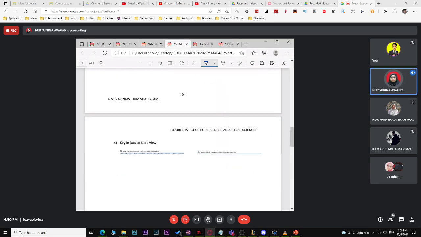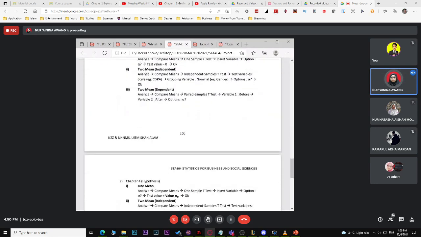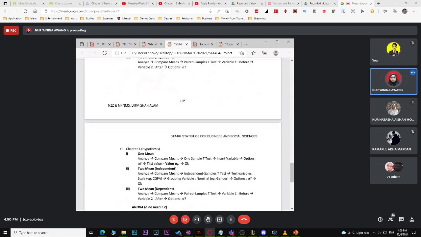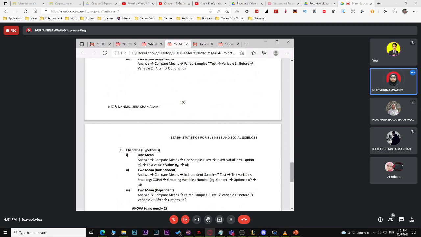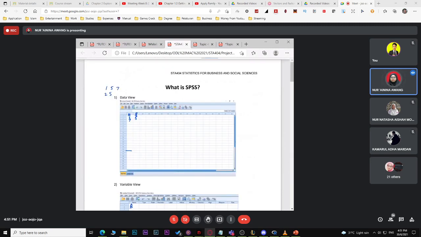So untuk two population, okay, you boleh tengok ni. Analyze, compare means, independent sample t-test. Kalau case untuk two population bukan macam tu. Alright, so kalau untuk two population, since you tahu you kena ada satu variable categorical and then satu lagi numerical.